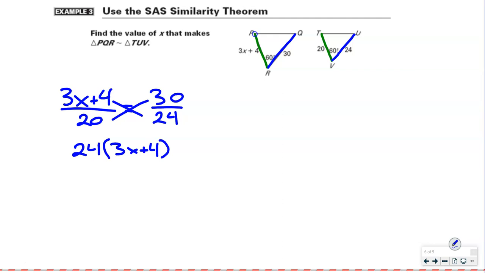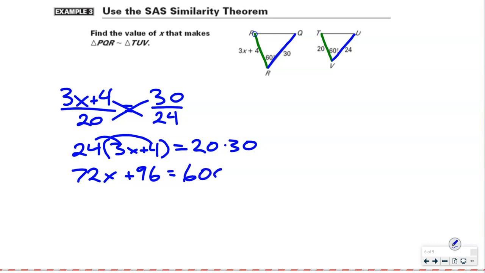We'll distribute that 24 into the parentheses. So distributing 24 times 3x gives us 72x. And 24 times 4 gives us 96, so plus 96. 20 times 30 is 600.